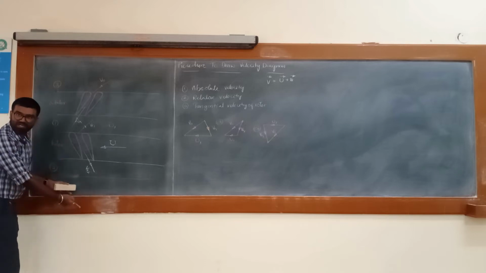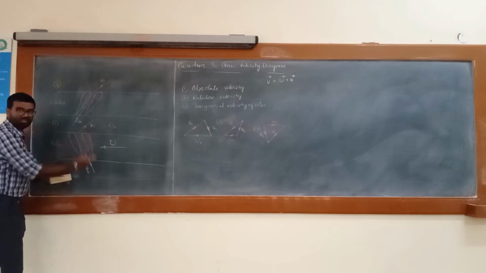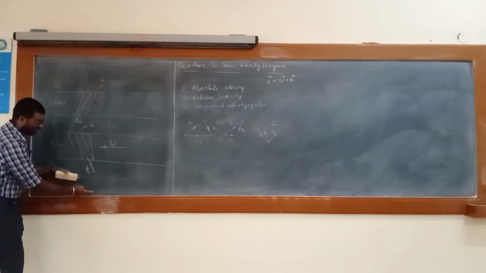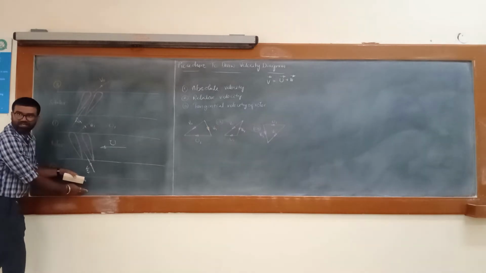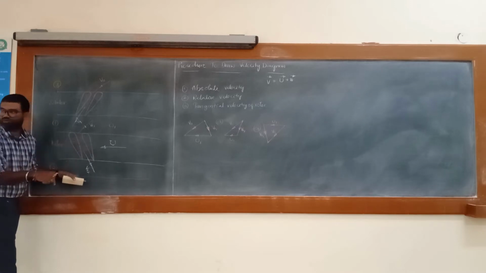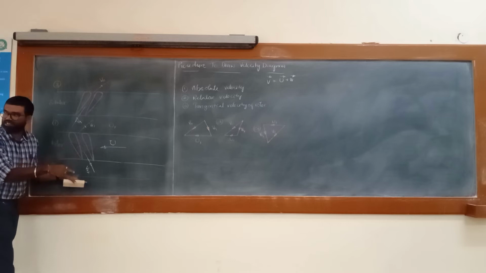If you have a second stage, as in multi-stage turbines, the structure will be repeated: stator, then rotor. Here you have a stator. The fluid which enters the stator has the absolute velocity, represented as V2.